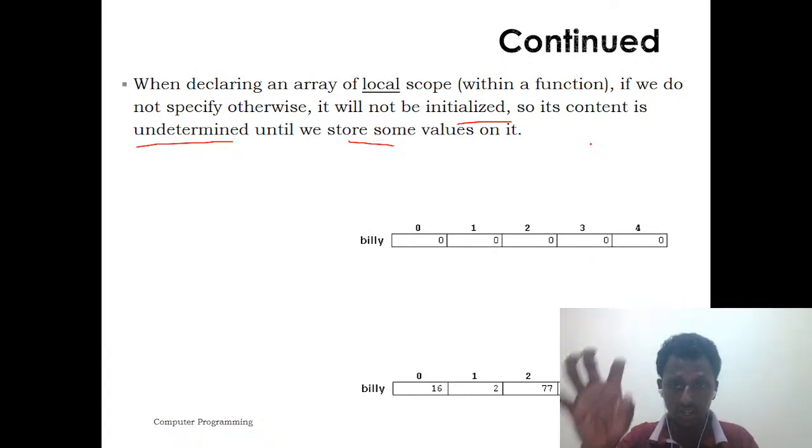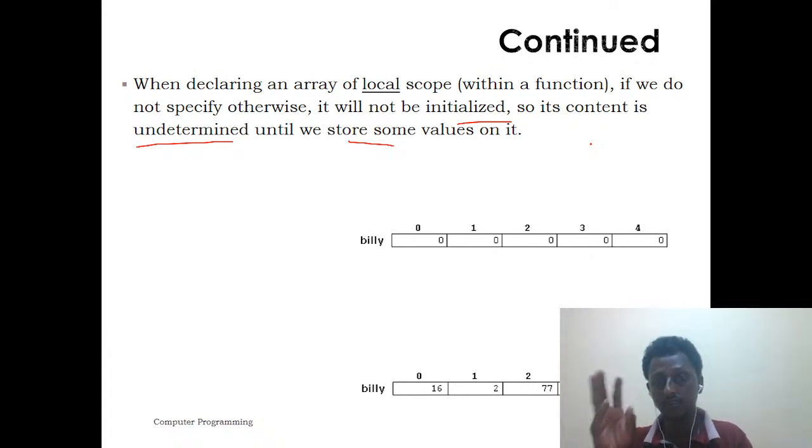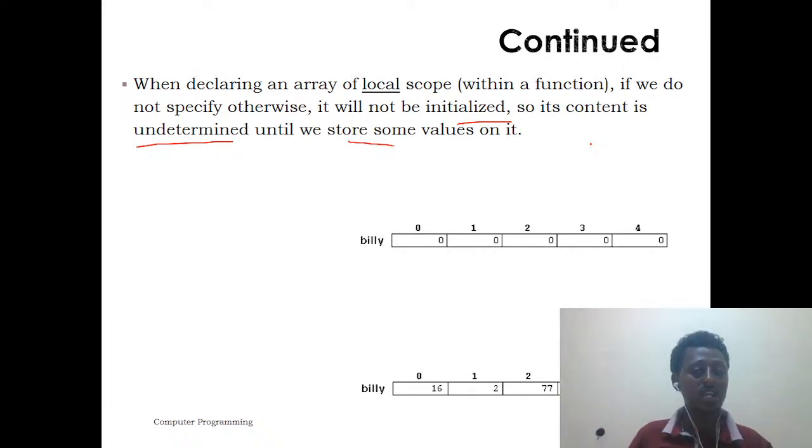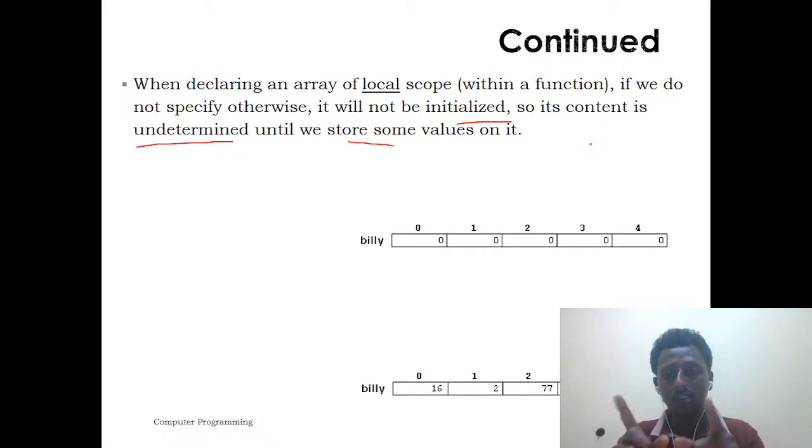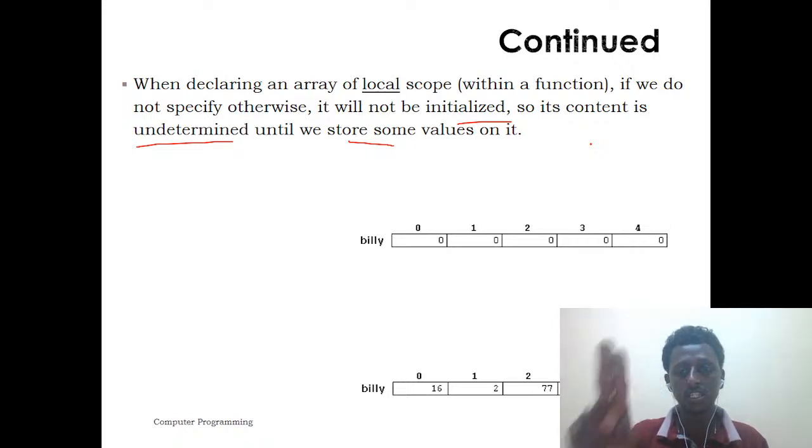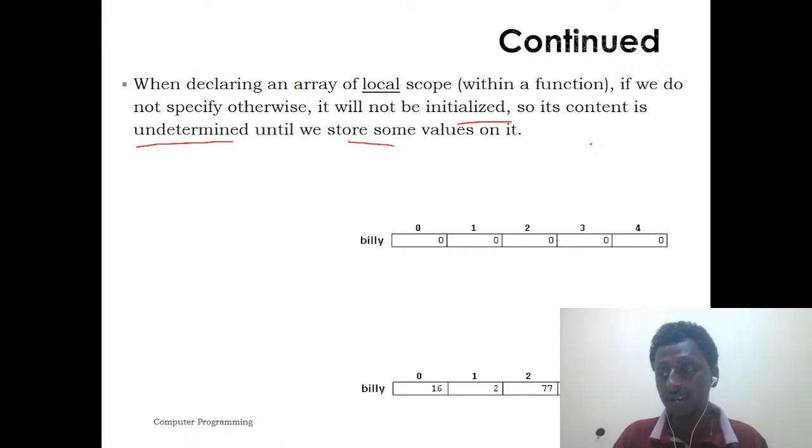So after you enter all necessary information of that array, the compiler automatically recognizes the array size, counts the number of elements in the array, and puts the value of that array index automatically.